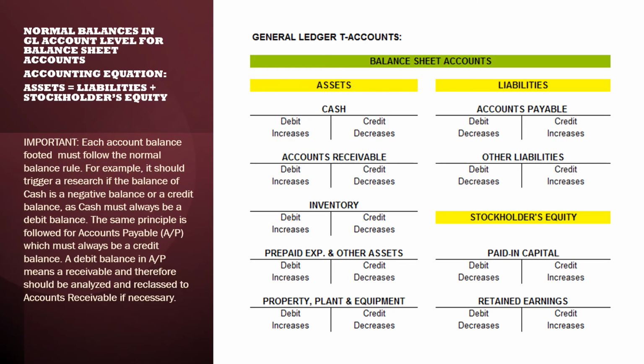At the end of the month, you take the difference of your debit minus your credit in your cash account, and that should give you a positive balance. When we say positive balance, that means you are within the normal balance rule for the account. Like my example, $1,500 debit total, $1,000 credit gives you a net debit balance of $500, which is good because that means you are in a positive cash position, right?